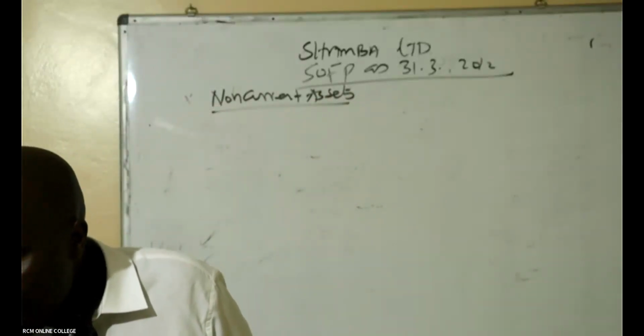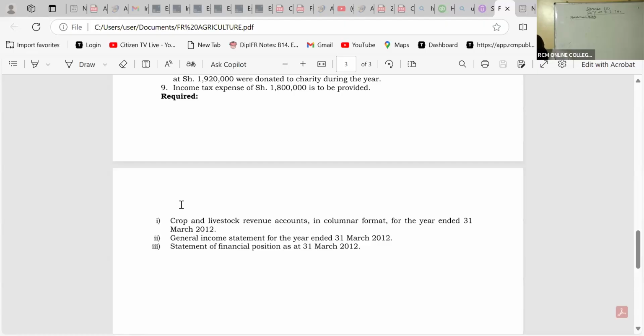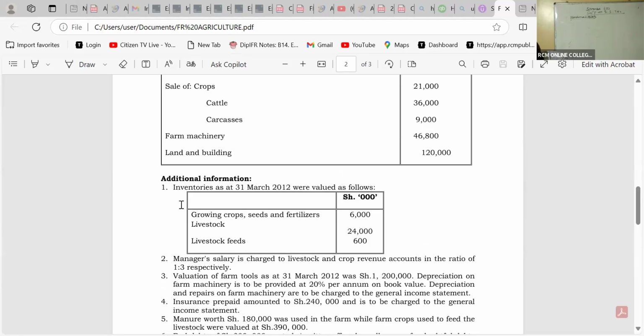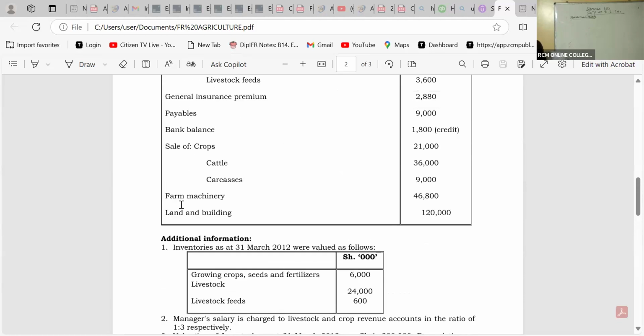If I remember very well, for non-current assets I have some figure for farm machinery. The first one is farm machinery, with a figure of 46,800, but I'm not stupid. I remember very well that there was depreciation for this farm machinery.